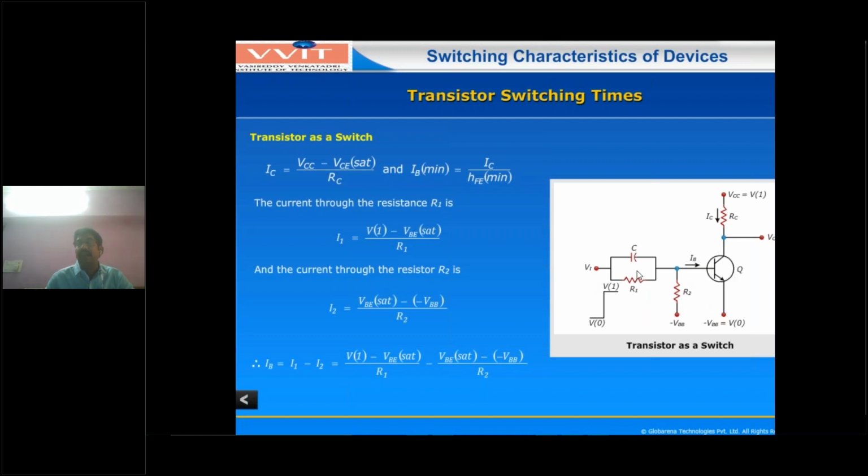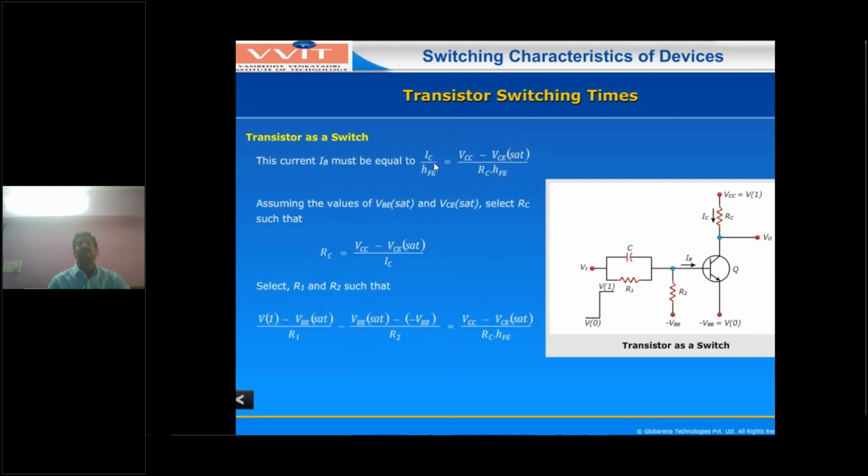I1 is entering and I2 is leaving, so IB equals I1 minus I2. Now this IB equals IC by hFE. Using this, we find the R1, R2 and RC values by transistor design.